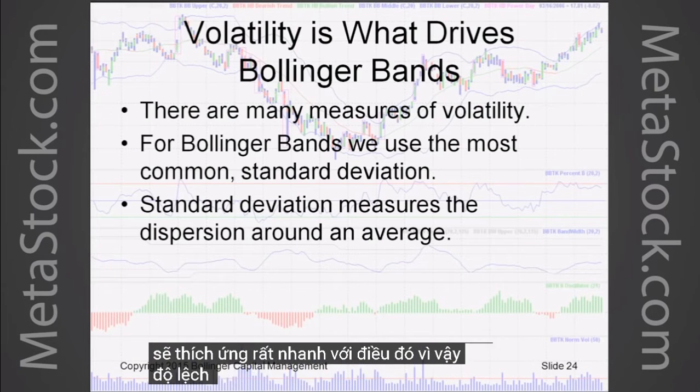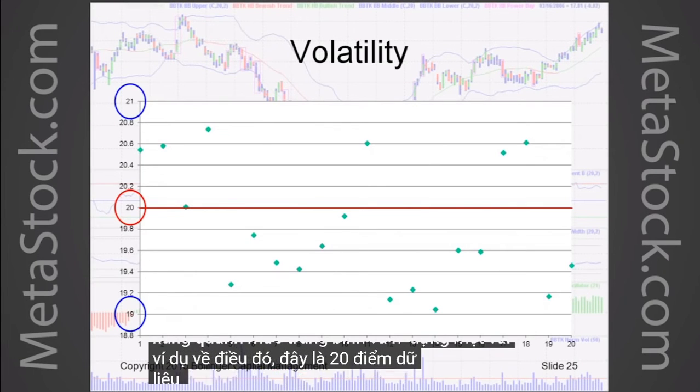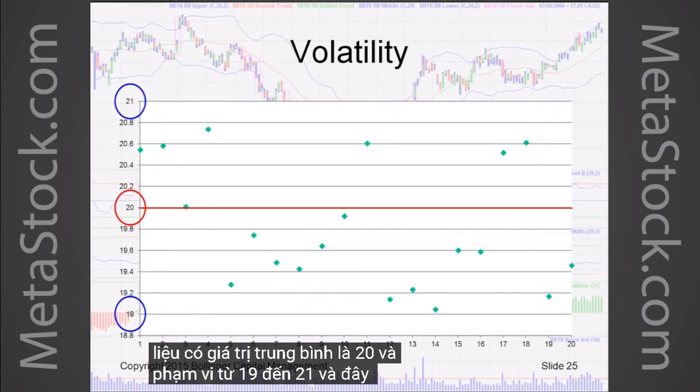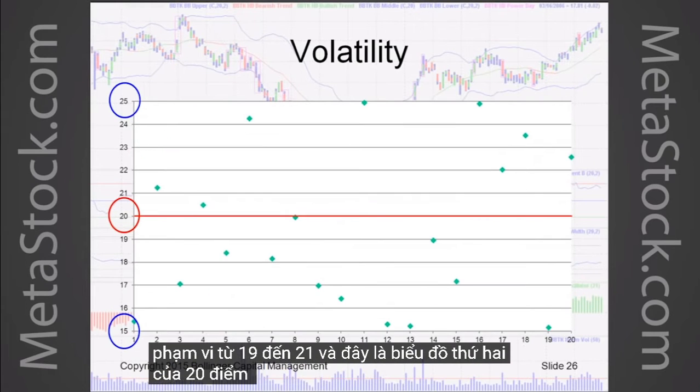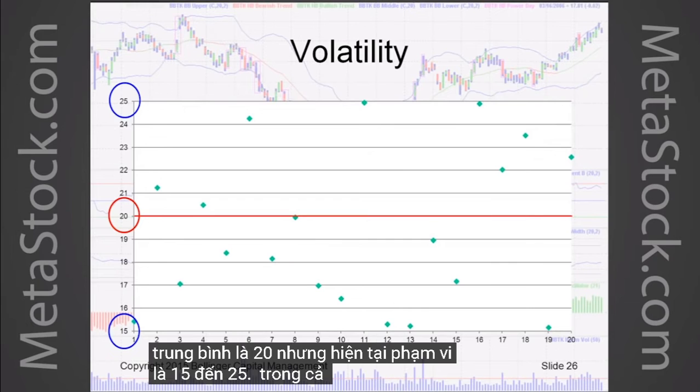So standard deviation measures dispersion around the average, and here are a couple of examples of that. Here are 20 data points that have an average value of 20 and a range of 19 to 21. And here's the second chart of volatility. Again, 20 data points, average of 20, but now the range is 15 to 25.